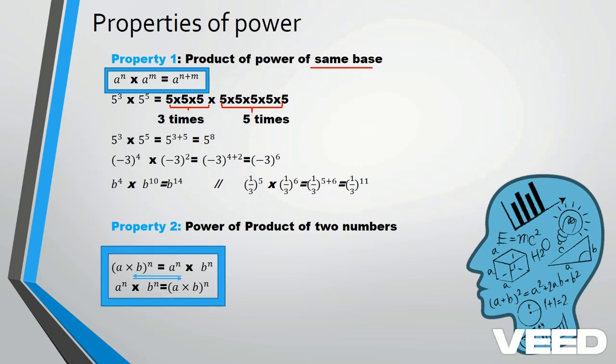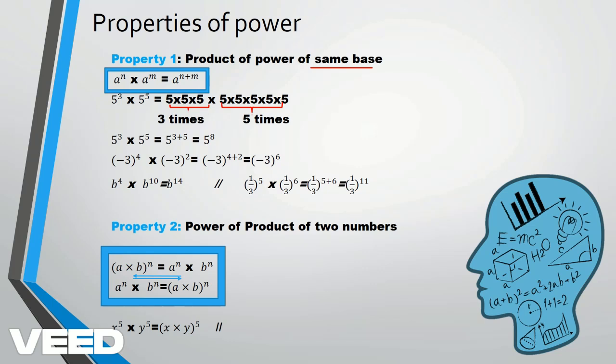Let's take an example. x exponent 5 multiplied by y exponent 5, which is equal to x multiplied by y together inside parentheses raised to power 5. The next example, negative 3 exponent 5 times negative 2 exponent 5 equal, here we have same power.